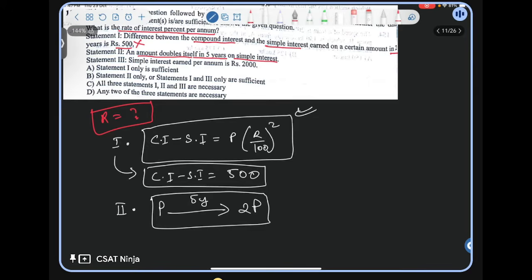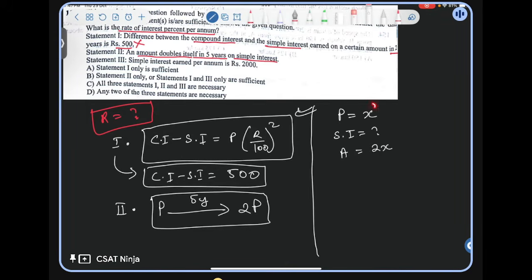I don't know whether you have solved this type of question or not, but let me break this down a little bit for you to understand. If my principal here is X, then simple interest we don't know, but the amount, you are getting back 2 times of that value.